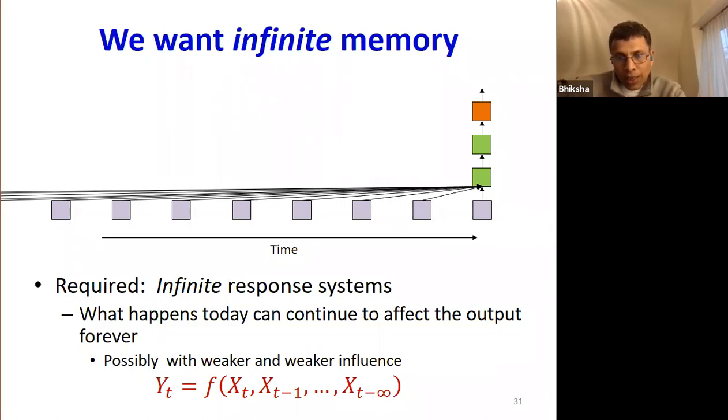These two are basically the same statement. And yet, you cannot have a structure of this kind because this is going to blow up the number of parameters. It's going to make the number of parameters infinite. So what we need is a model that has a finite number of parameters, and yet it considers the infinite past in making predictions. So we want a finite-sized, infinite response model.